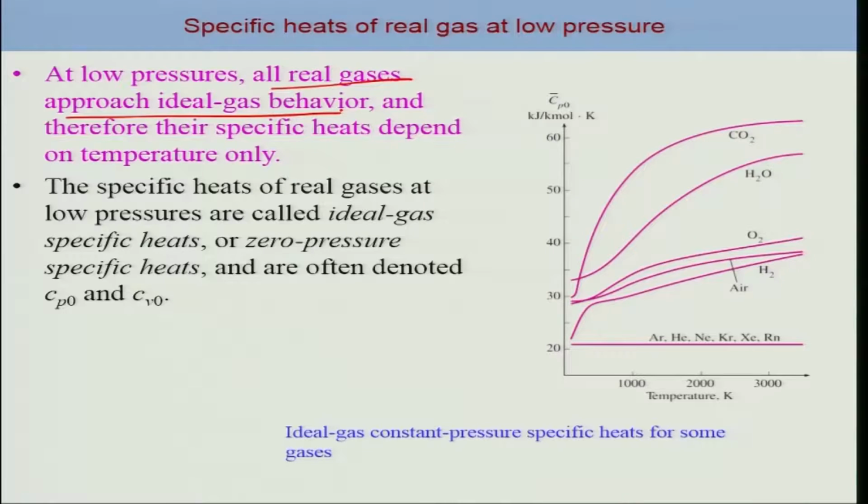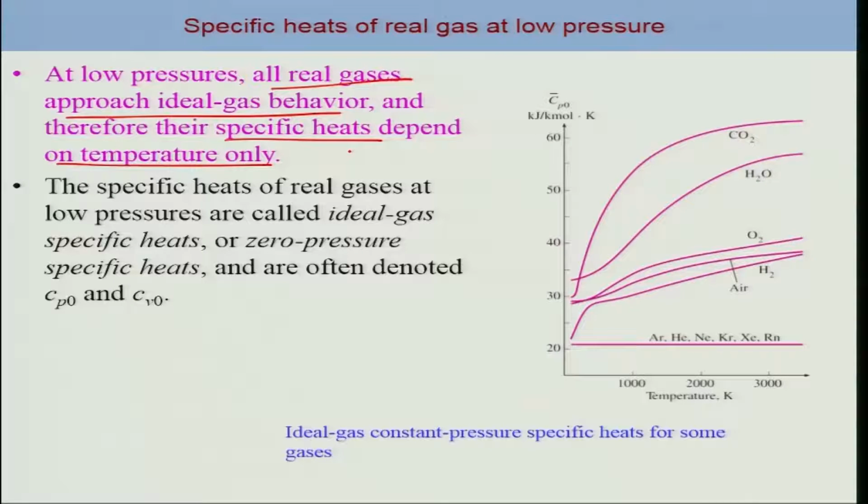So just take a look at the real gas behavior at low pressure. As I said, all real gases at low pressure approach ideal gas behavior, and therefore their specific heat depends only on the temperature, as we have already mentioned that ideal gas specific heat depends only on the temperature.